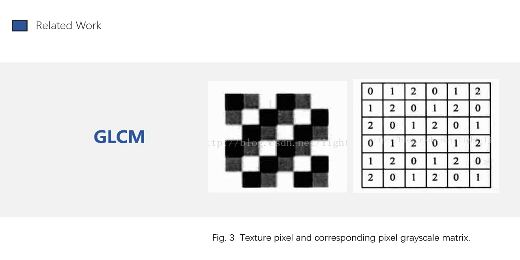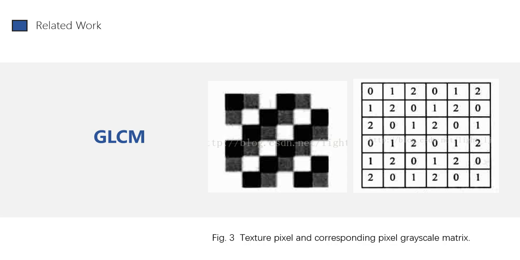GLCM. The grayscale co-occurrence matrix is obtained by calculating the co-occurrence matrix of the grayscale image, and then obtaining some eigenvalues of the matrix to represent some texture features of the image.